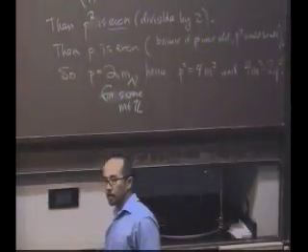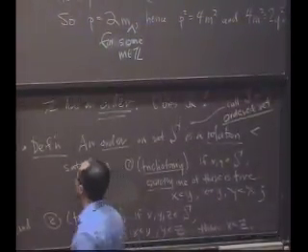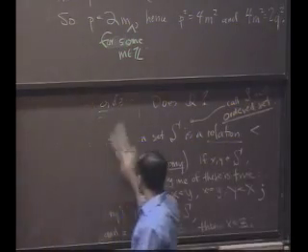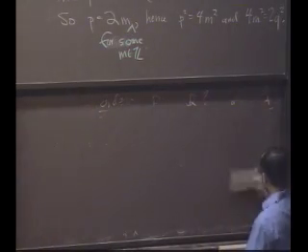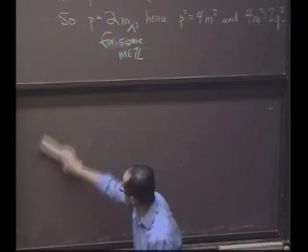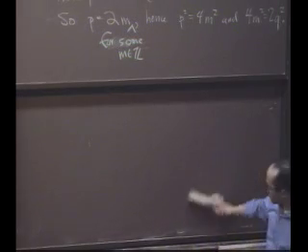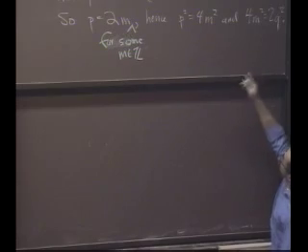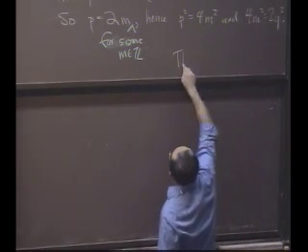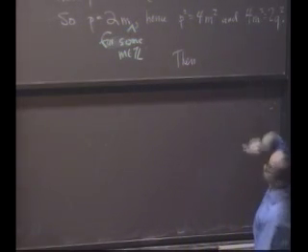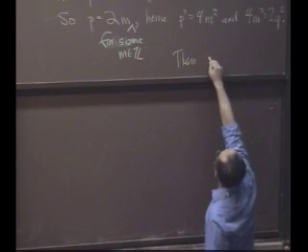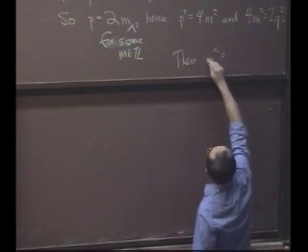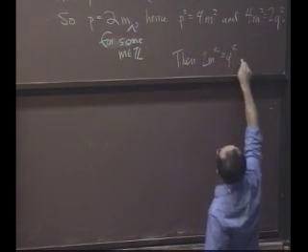What does this mean? We feel like we're going somewhere, I think. If not, this is at least what you would do to play around with the problem to get a feeling for what's happening. But what does this mean? 4M squared equals 2Q squared. Then 2M squared equals Q squared.